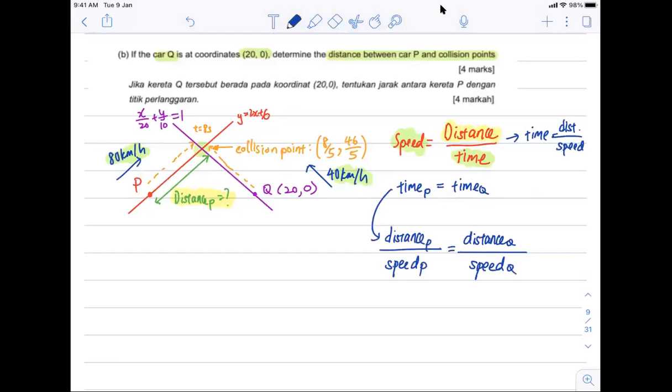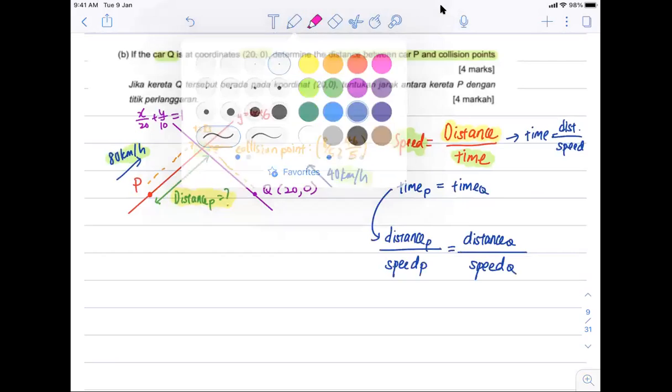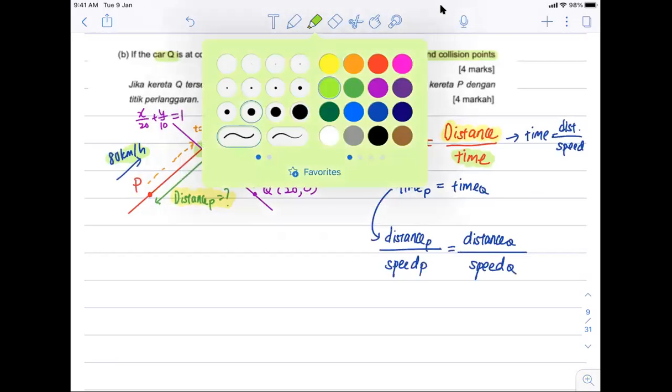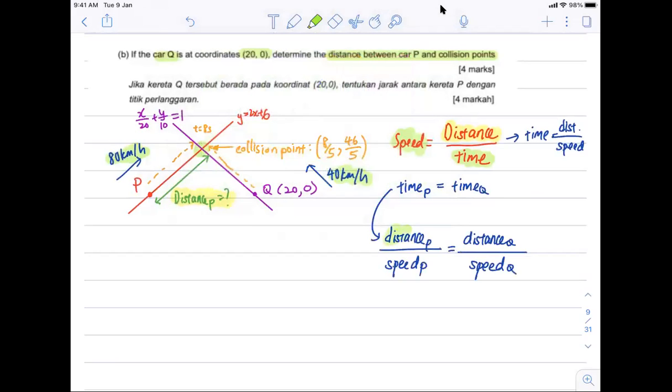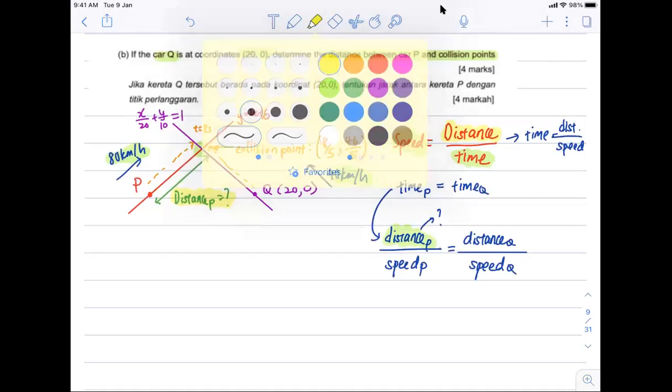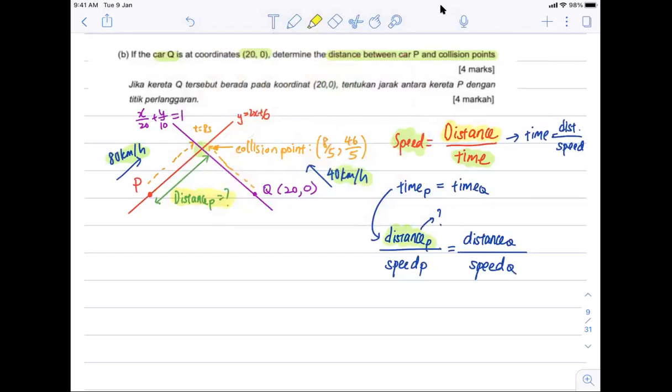So now let us examine this. Distance P is the one that the question wants us to find. It's the unknown that we have to find. And then we have the speed P, which is provided in the question as 80 km per hour.